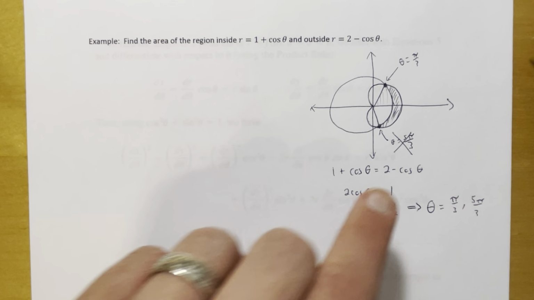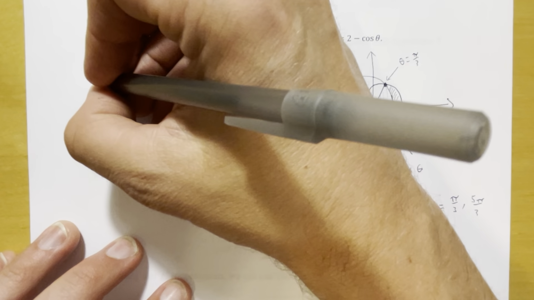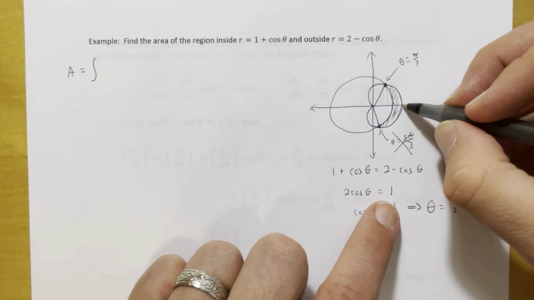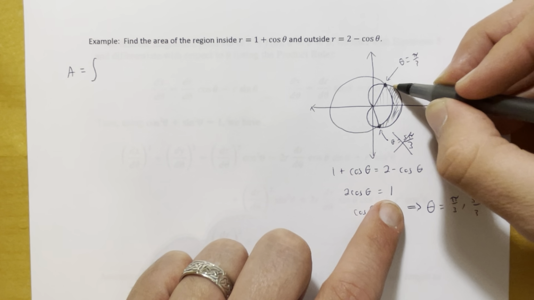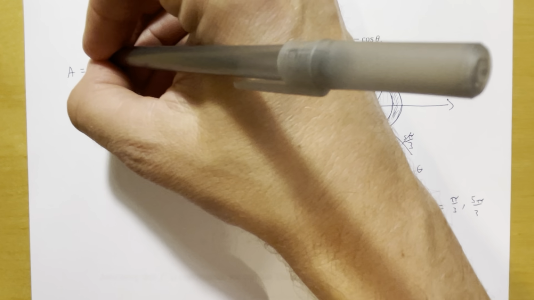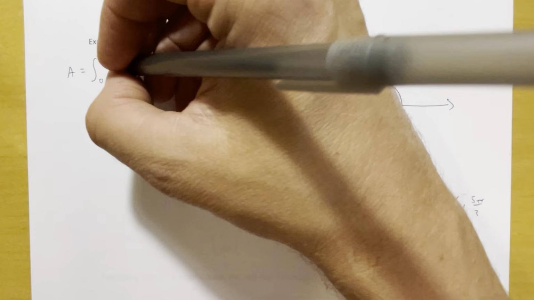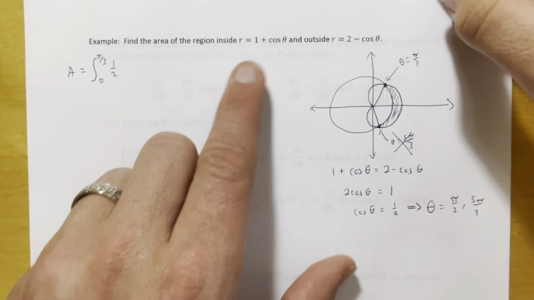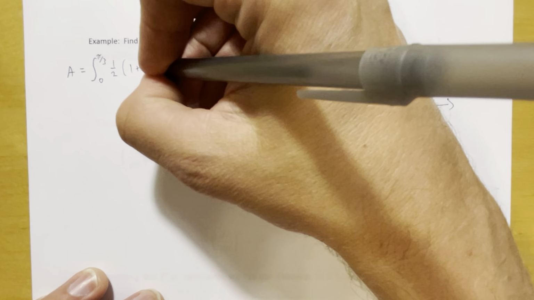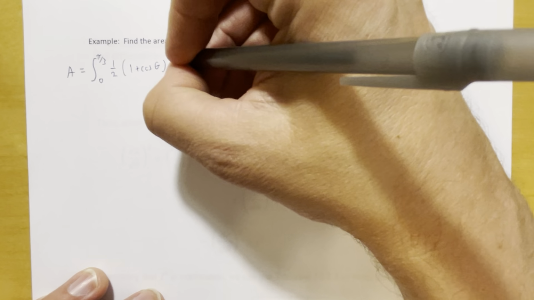So what I'm going to do is start by finding the area of the cardioid from theta equals 0 to pi over 3. And that's found by doing 1/2 r squared. Remember, this is what r is in this case: 1 plus cosine of theta squared d theta.